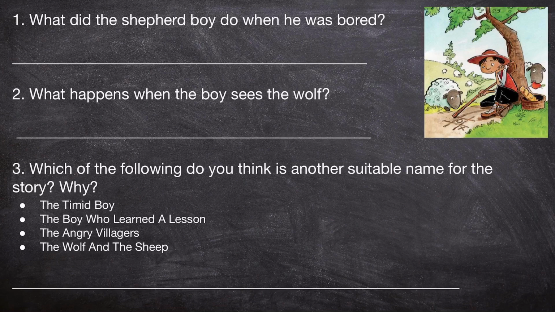Let's remember that the questions we are answering are going to be about our character, the boy, and how the boy changes in the story. The first question: what did the shepherd boy do when he was bored? What did the boy do because he was feeling bored? Take time to pause this video, copy down the question, and write your answer.